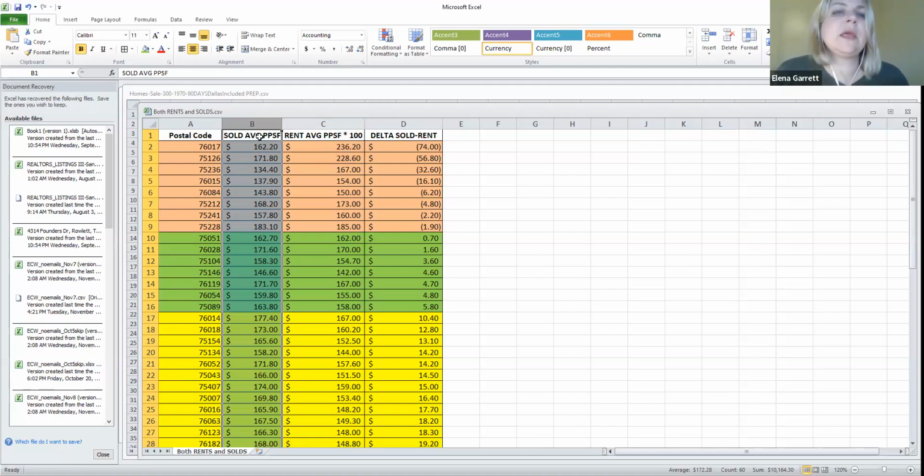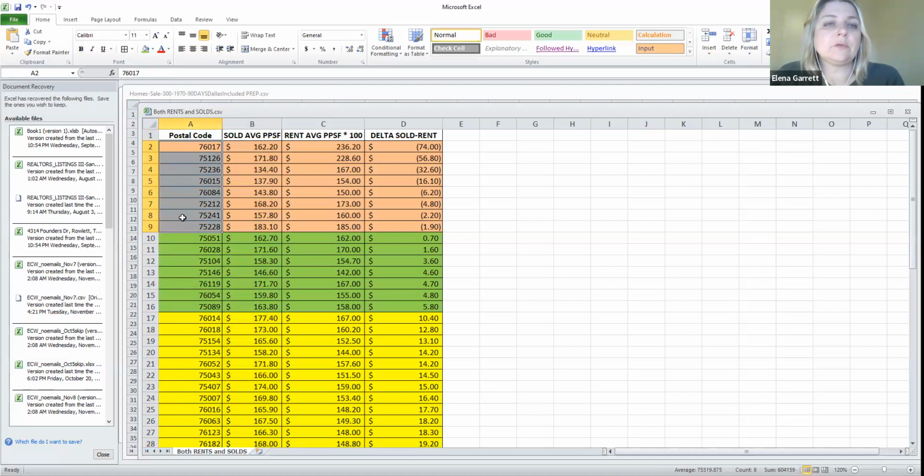And now we can see which of the postal codes seem to have the biggest delta. Delta means how much it would cost to buy a house in that area versus how much it would cost somebody to rent a house in that area. So based on my very quick analysis, again, aggregate data, it looks like the most interesting zip codes to investigate right now for me to dig further into the data would be these 8 zip codes right here.